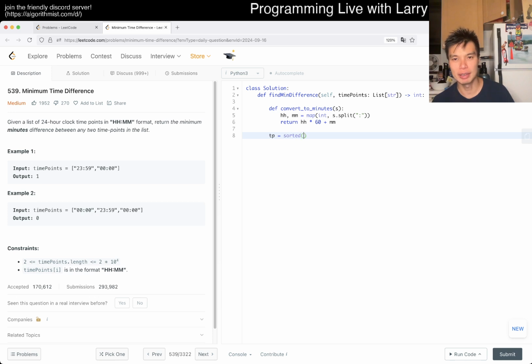Yeah, so now maybe TP is equal to, we sort it, we have the convert to minutes, x for x in time points or something like this, right?